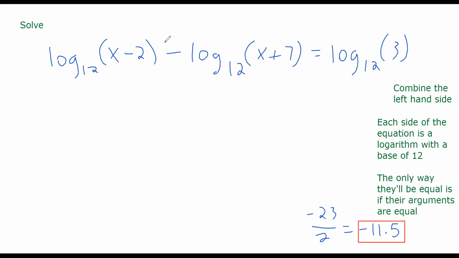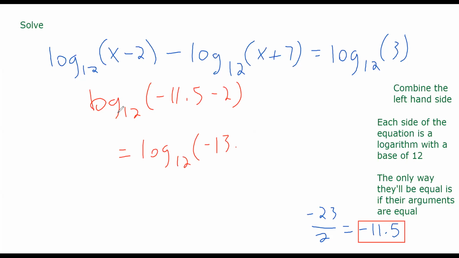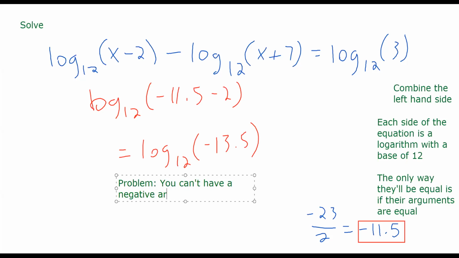So we're going to check our answer. You're going to end up with this thing being a negative number, which is a problem. You can't have a negative argument to your logarithm. We covered that the other week when we first started talking about logarithms.